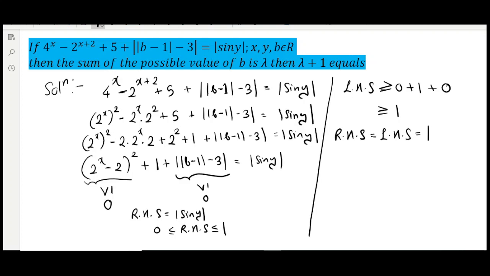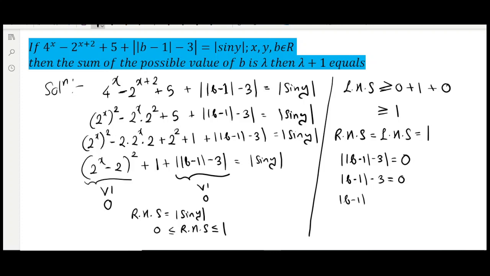As we have to focus on the value of b, we will focus on the LHS only, and in that, on this term. This will be equal to 1 only if this is equal to 0 as well as this is equal to 0. So this modulus term should be equal to 0. The modulus gives value 0 only when the inside term is 0.